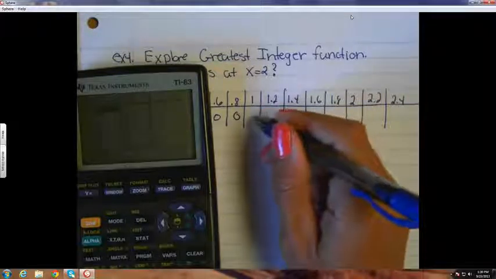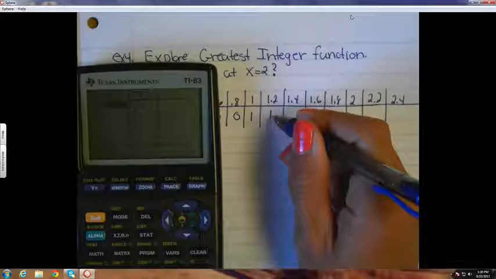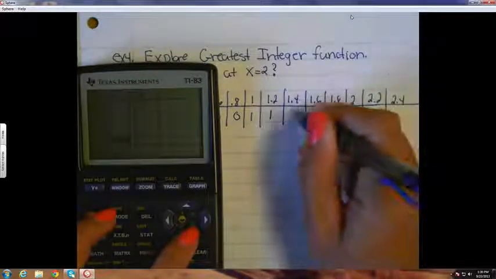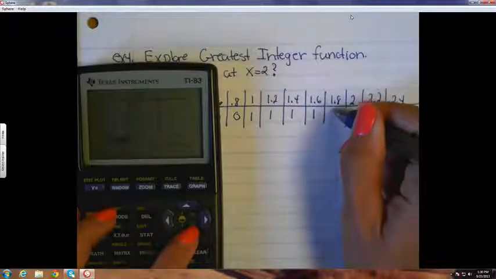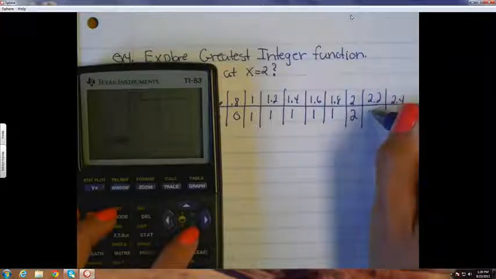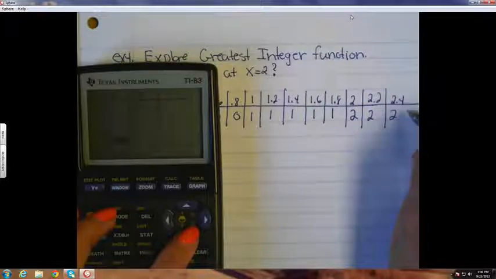When I get to 1, it's finally 1. At 1.2, it's still 1. 1.4, it's 1. 1.6, it's 1. 1.8 is still 1. 2 finally got to 2. 2.2 is still 2. When do you think it's going to switch? When I actually get to 3.